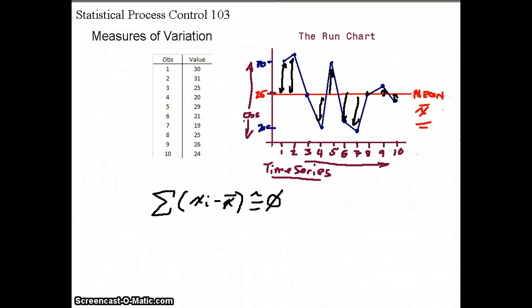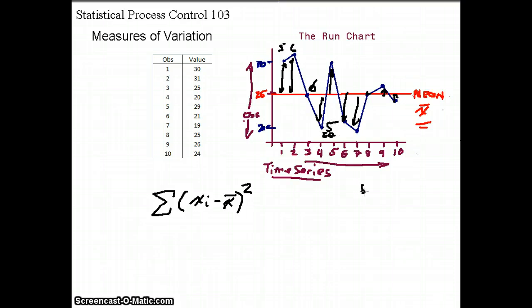But what if we did something to prevent this from being 0? What if we squared this value? We summed these values after squaring them. Well, if we squared them, then they would all be positive, wouldn't they? So let's just do it for these. This one is 5 away, this one is 6, this one is 25 so it's 0, and this one is negative 5.